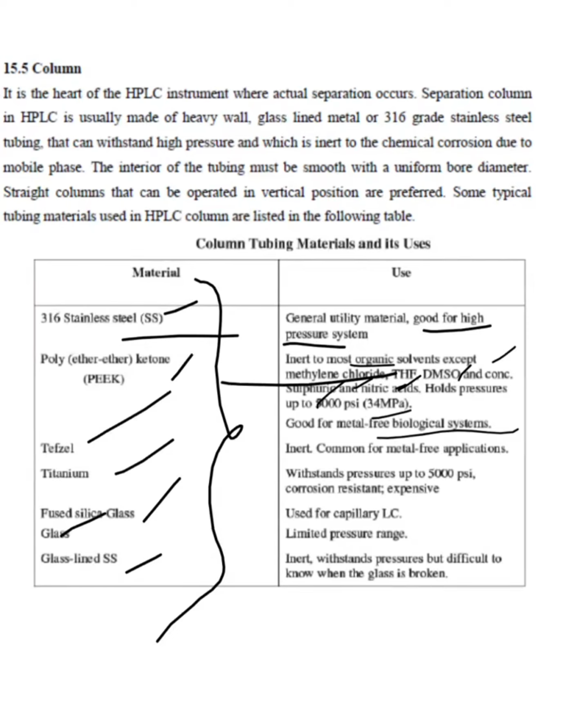So column length may vary from 10 to 30 centimeters with an inner diameter of 2 to 5 millimeters, providing 40,000 to 60,000 plates per meter. Plates means different bands which can be separated.